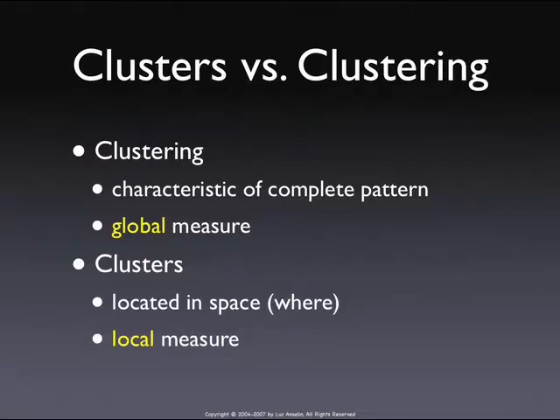So when you establish through one of these test statistics that there is clustering in the data, in the points that you observe, there is no way for you to tell where the clusters are. It is a characteristic of the total global pattern. So in some sense, it's a characteristic of the process that generates the whole pattern. But it is not a characteristic of specific locations.